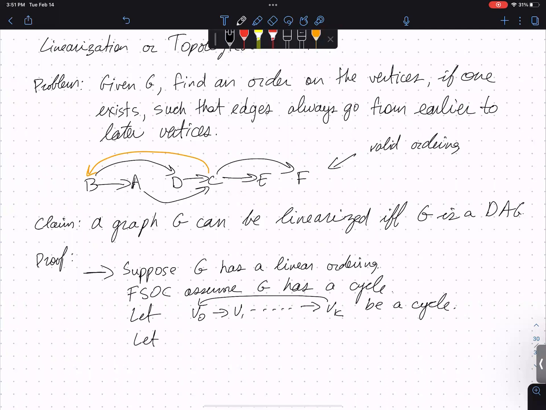And let Vi now be the leftmost vertex in that cycle, the vertex that is earliest in the ordering, at the very left.